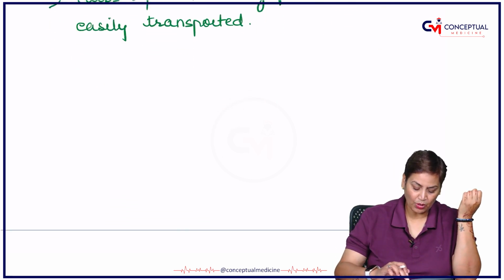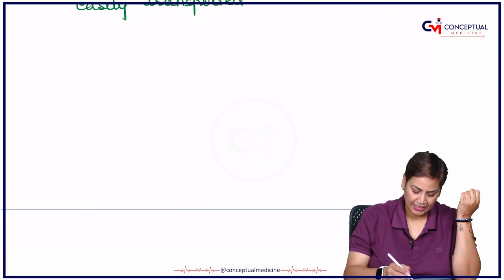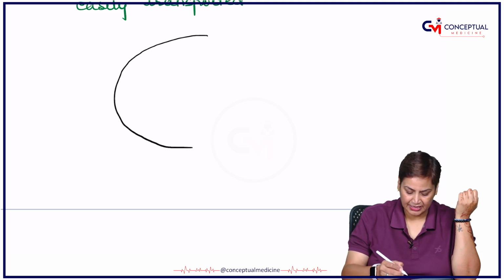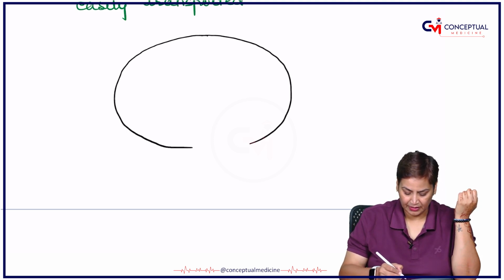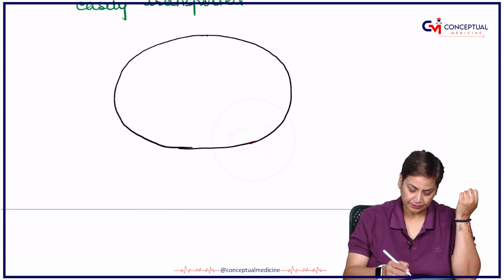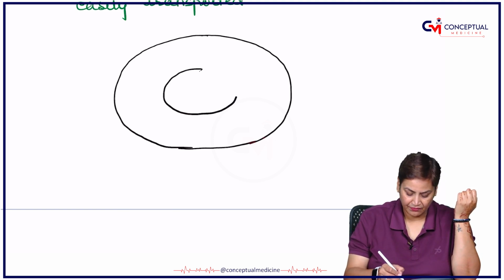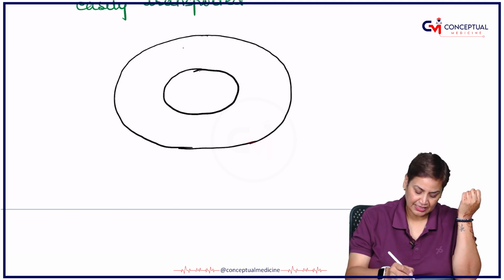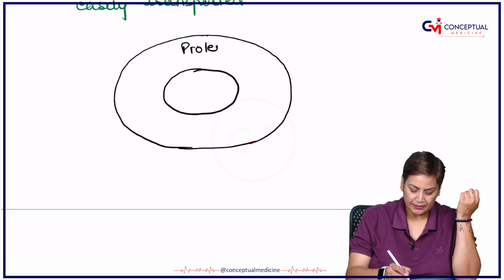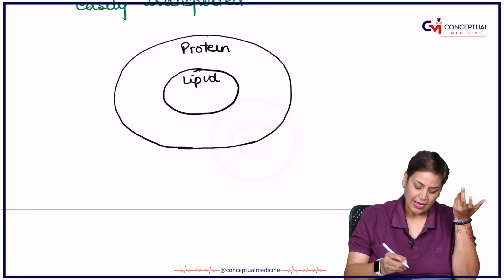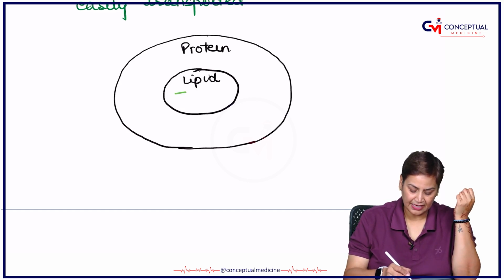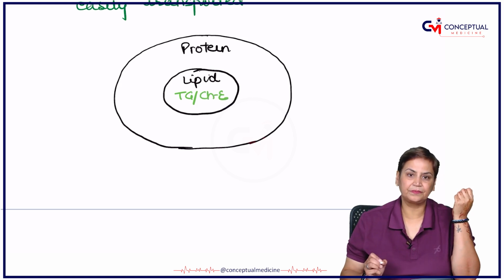Okay. And if we talk about the structure of a lipoprotein, obviously the outer side will be of a protein and the inner side will be of a lipid. So this is the protein component and this is the lipid component. This lipid can be, we can say, triglycerides or cholesterol esters.